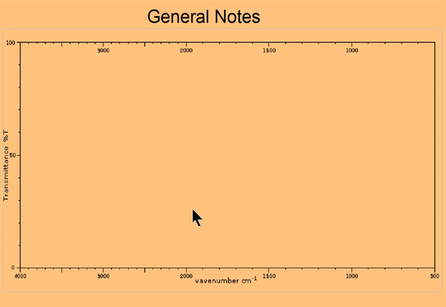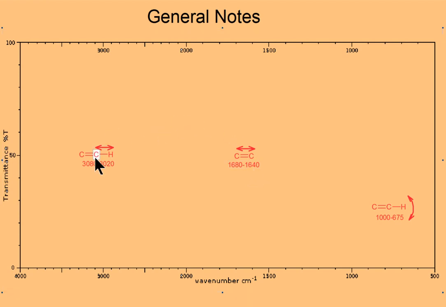Of course, we have the alkenes with that carbon to carbon double bond. The double bond itself usually appears in a moderate strength round about 1680 down to 1640.